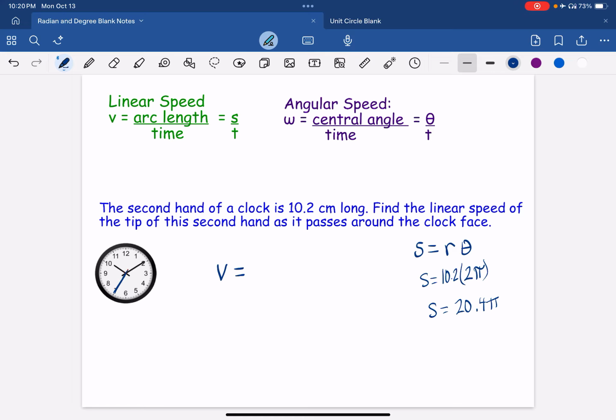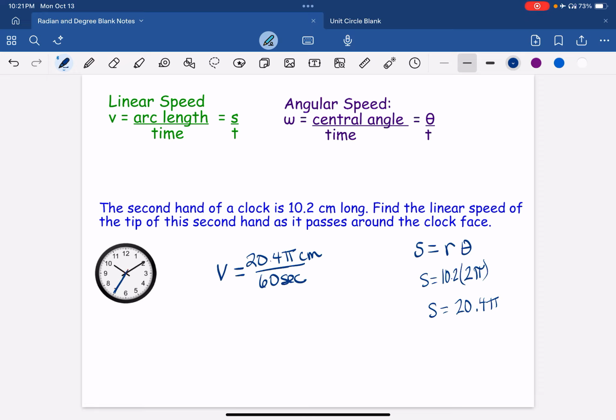So let's plug that in over here. Arc length is 20.4 pi divided by the time, and when the second hand goes around the clock, that takes 1 whole minute, which is 60 seconds. And I actually forgot to write my unit here. That would be centimeters. So we're going to end up with centimeters per second.